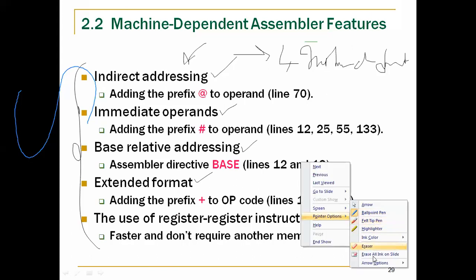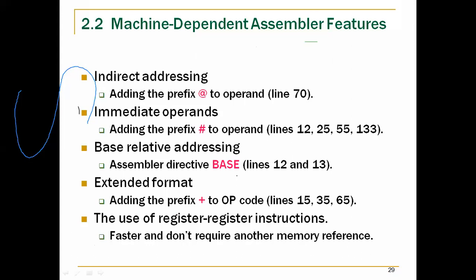When I show you a SIC/XE program, there are certain things that you need to observe. One thing that we observed in the SIC standard model program was something like this. Whenever the instruction is something like STCH BUFFER,X, what does it mean?